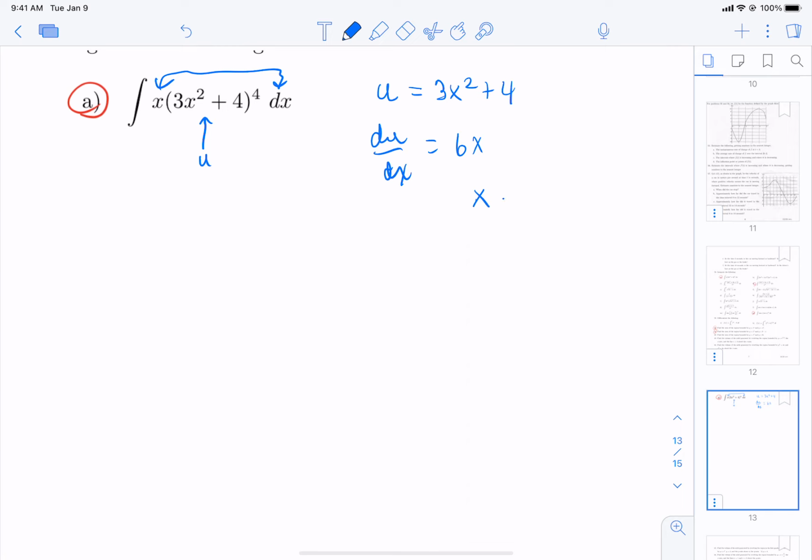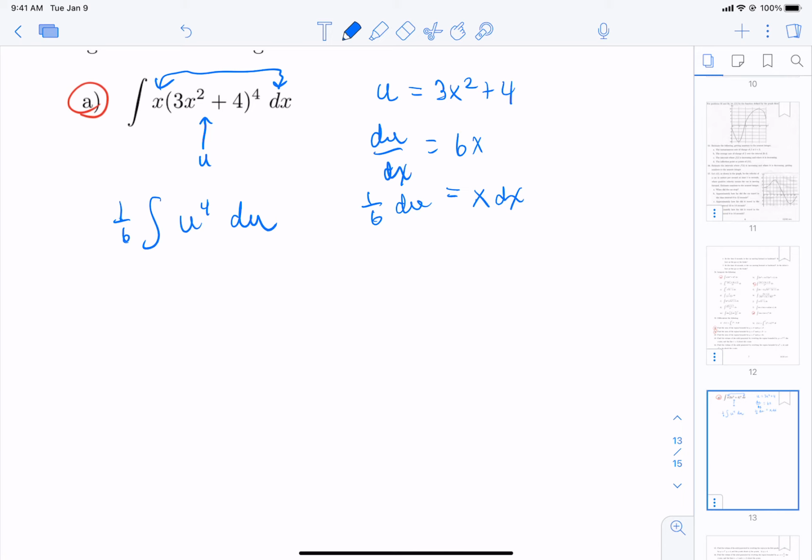So if we get the x dx on that side, the 1/6 comes from the fact I had to move the 6 to the other side. So x dx is equivalent to 1/6 du. So we get 1/6 u to the 4th du. Now it just becomes a standard antiderivative.